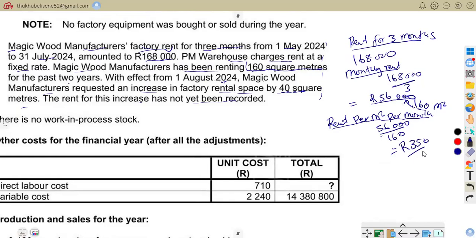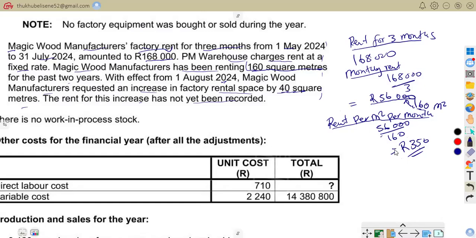350. So for the 160 square meters, you are paying 350 per square meter. That's what we're saying is rent per square meter per month.